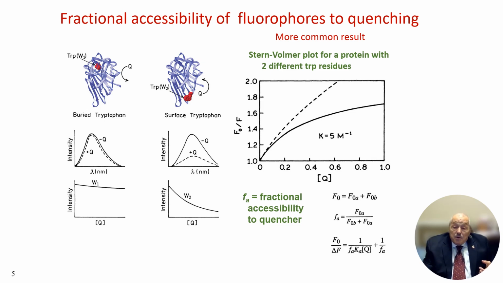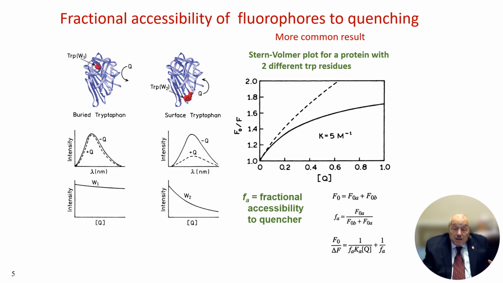When you did your normal Stern-Volmer plot, what you would find is that it's no longer linear. Instead, it's going to be curved. And it's going to be curved because at low concentrations, you're going to be quenching the more accessible tryptophan residue, and at the higher concentrations, you'll be quenching the less accessible residue.